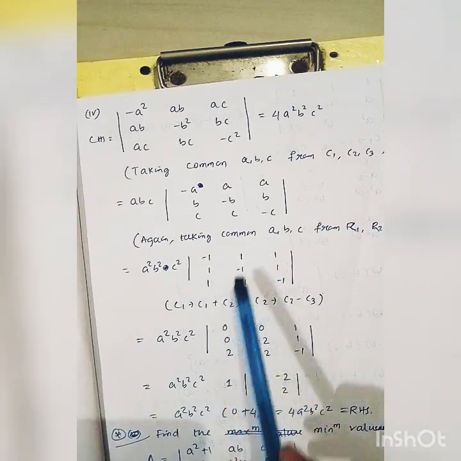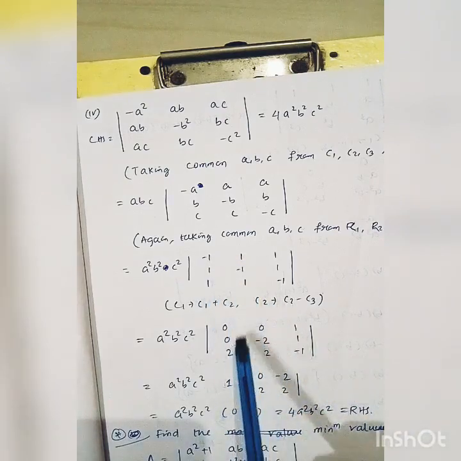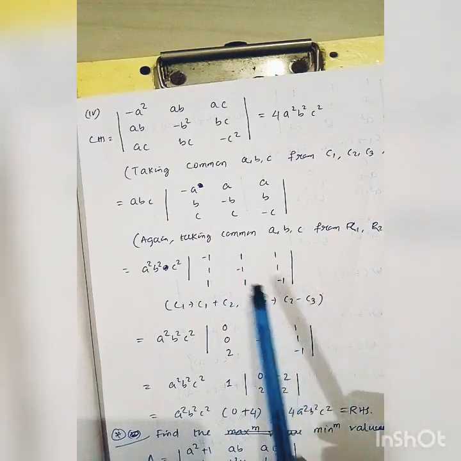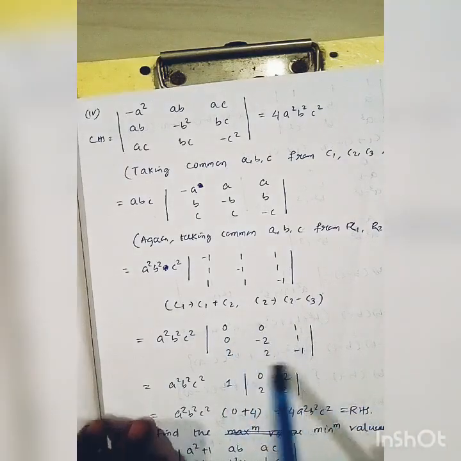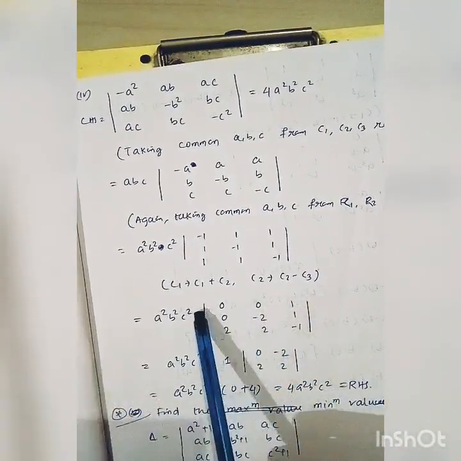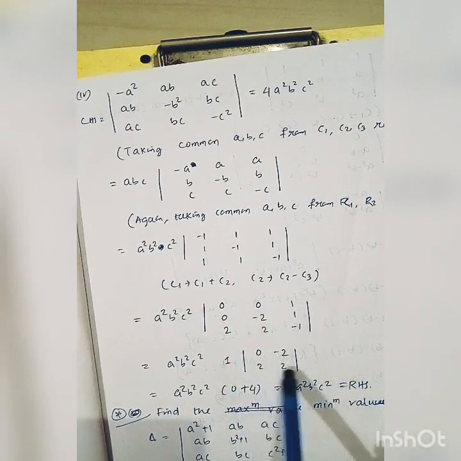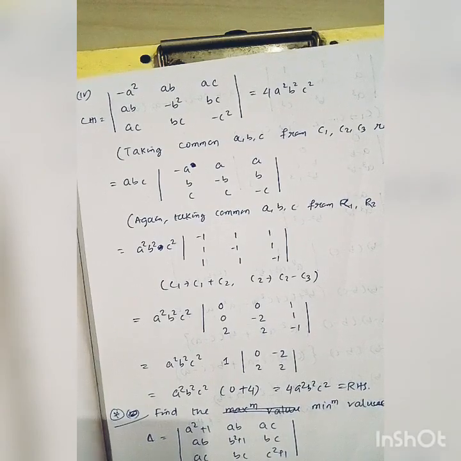So by this property, it is 0, it is 2. Column 1 plus column 2, 1 plus minus 1, again 0. 1 plus 1, 2. Similarly column 2 minus column 3, 1 minus 1, 0. Again minus 1 minus 1, minus 2, 1 minus 1, 2. Again by expanding along row 1, it is 1, 0, minus 2, 2, 0, 2, 2. Again it is 0 minus 4 plus 4, which is 4a square, b square, c square.